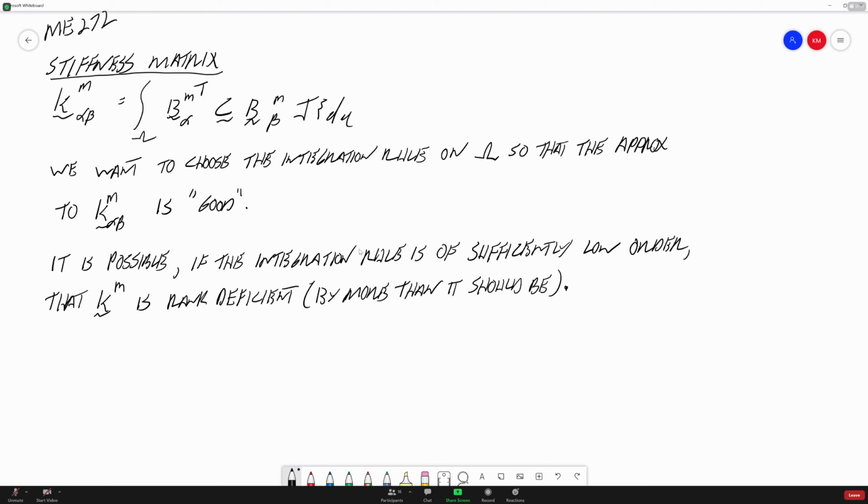And essentially what this means is you need to look for equilibrium and no rigid body motion.